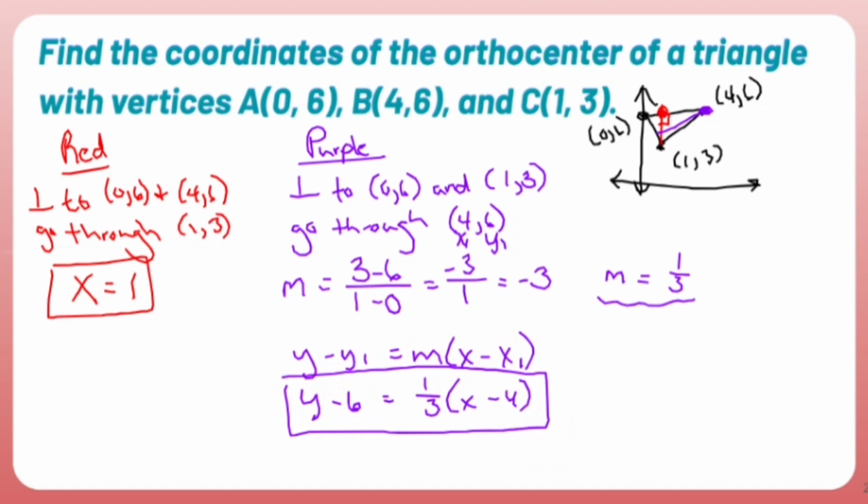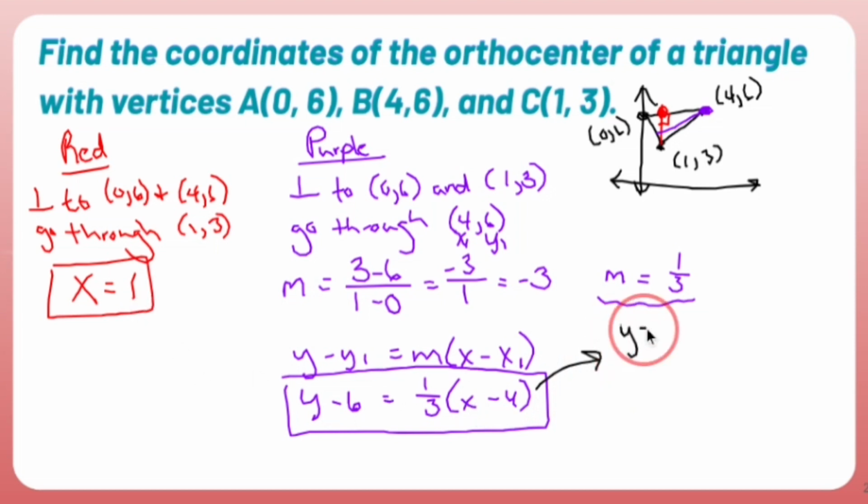Now, what I'm doing is I'm solving a system of equations where my two equations are this guy boxed in here and this guy boxed in here. My x value is already solved for. So life is not that bad right now. And what I can do is rewrite this equation and simply substitute 1 for x.